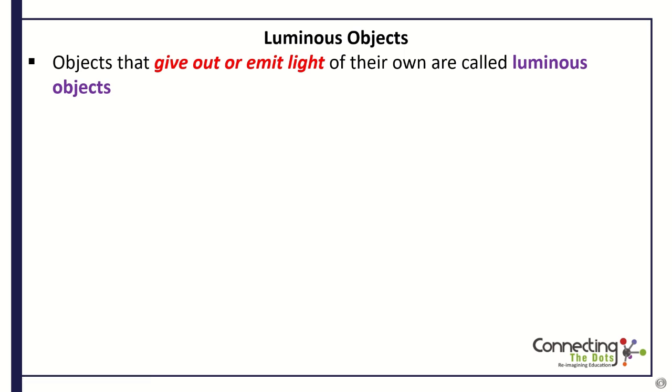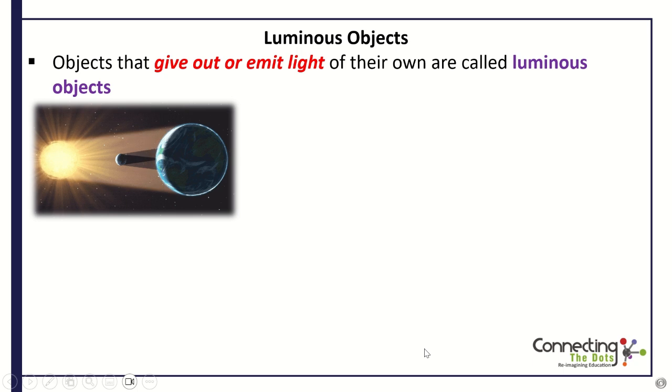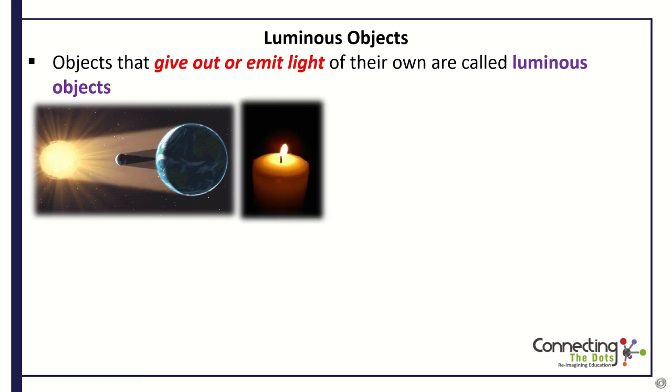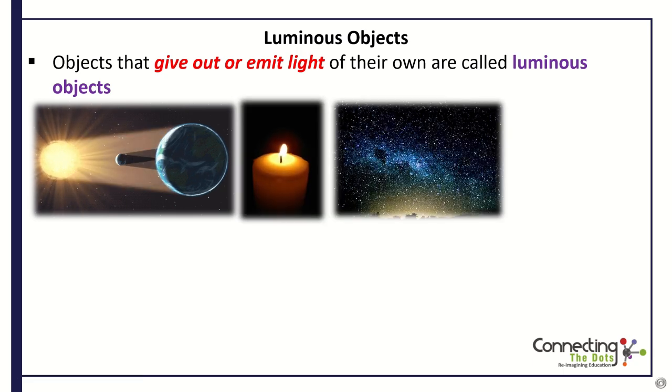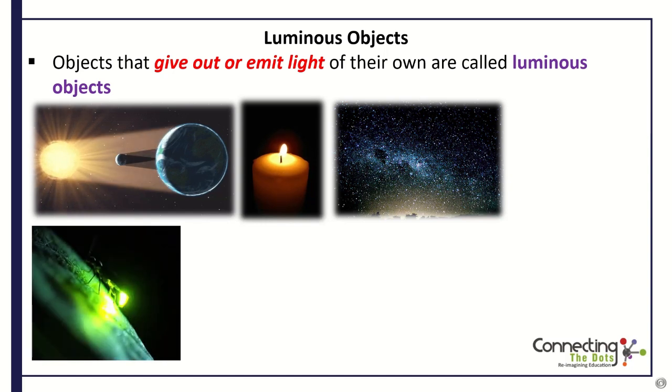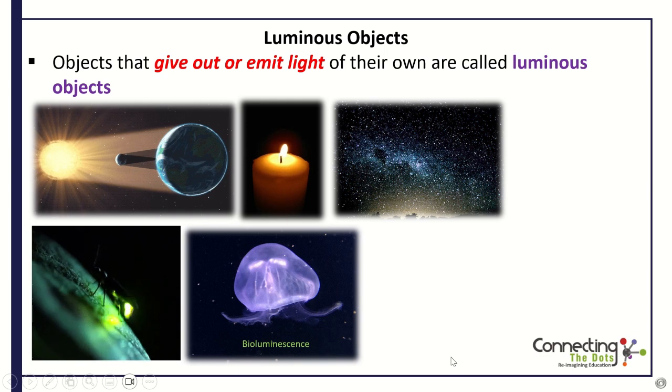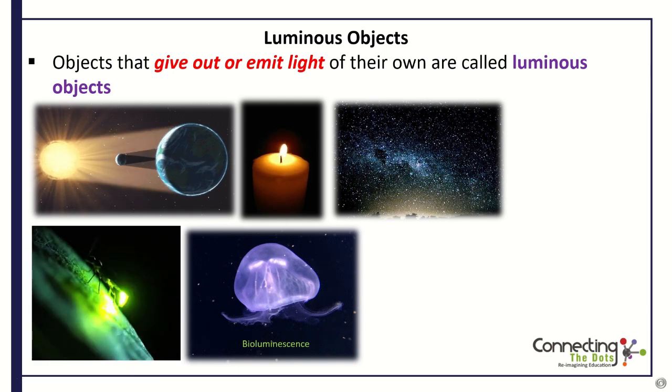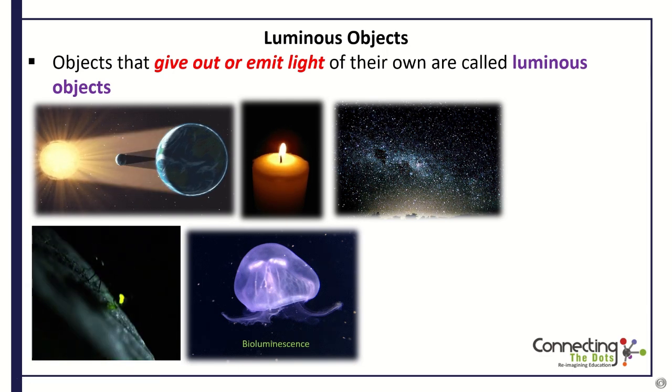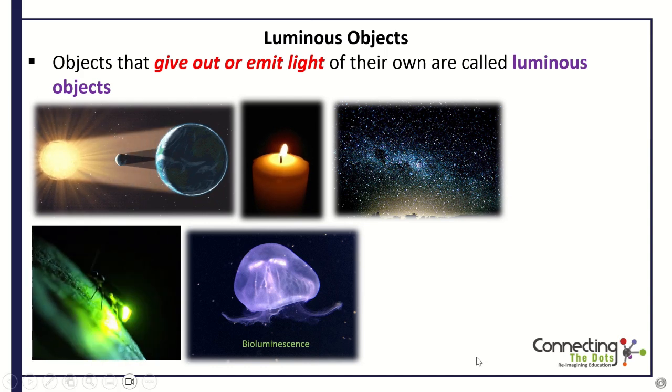Objects that give out or emit light of their own are called luminous objects, right? Examples: the sun, electric bulb, candle, stars. Firefly is another example of a luminous object. Then there are certain algae which are able to get illuminated during certain seasons.